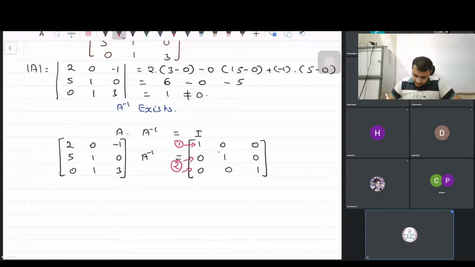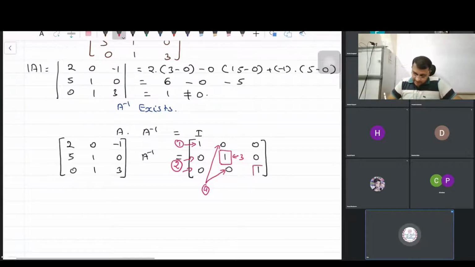After that, this element is our step number 3, that whatever is the element in the 2, 2 position, I have to convert that into 1. And then these both elements have to be converted into 0. The one above it and the one element below it, they both have to be converted into 0.